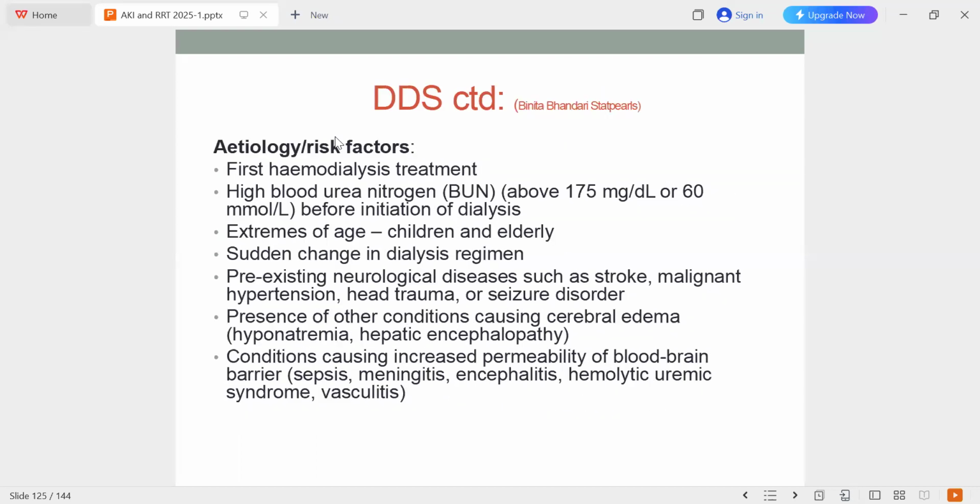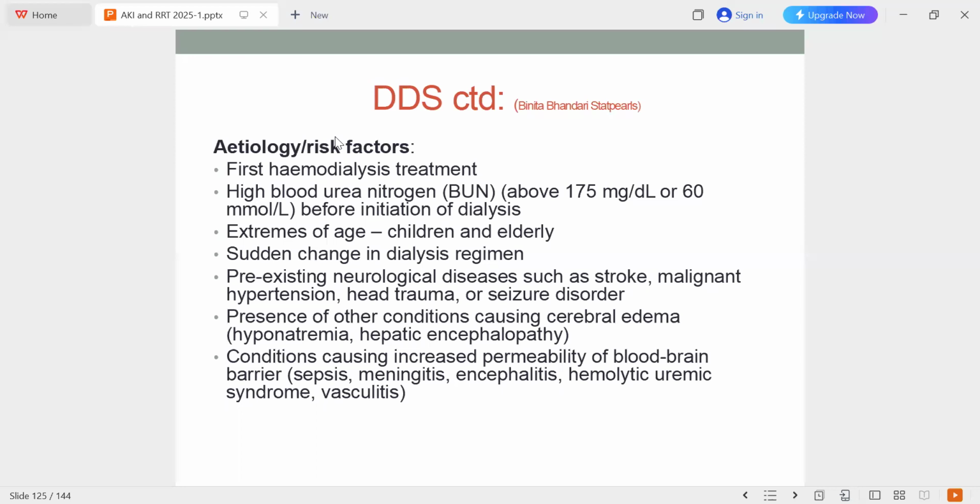Forced dialysis treatment. When you have a high blood urea nitrogen above 175 milligram per dl or 16 millimole per liter before initiating dialysis. Extremes of age, children and elderly, are more prone to DDS. When you have a sudden change in the dialysis regimen.